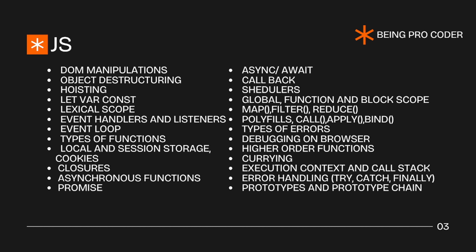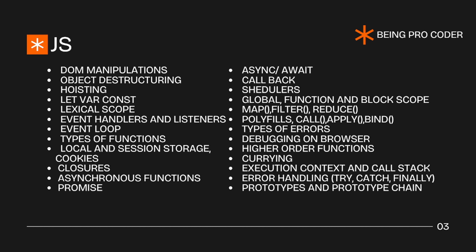values. Currying is another important topic, like breaking a function into a series of functions that each take a single argument. Execution context and the call stack, where these two things are involved in debugging in the browser.